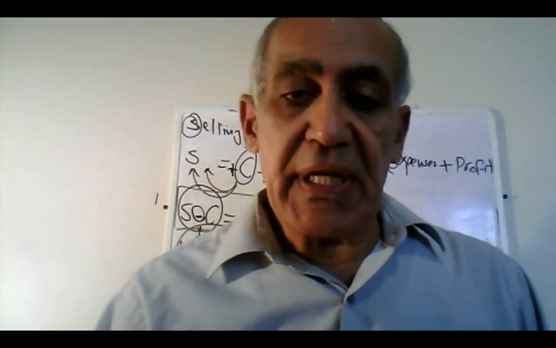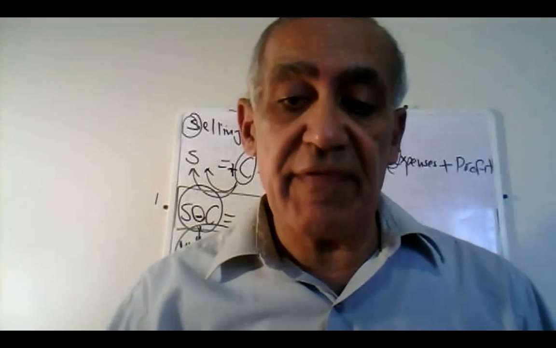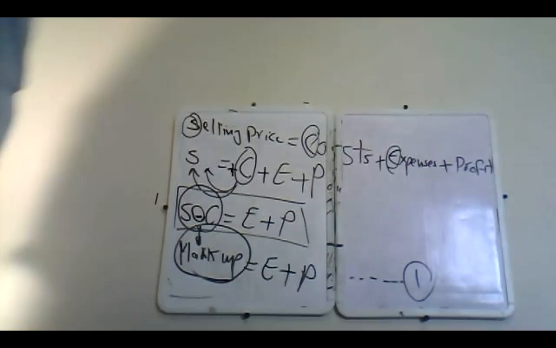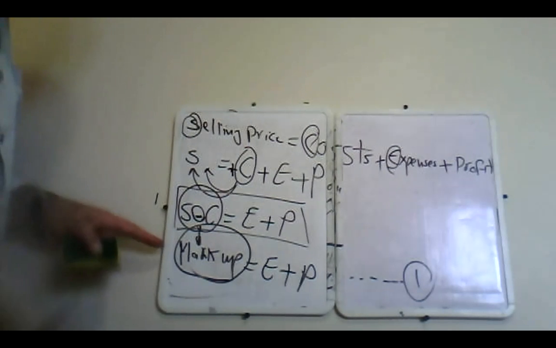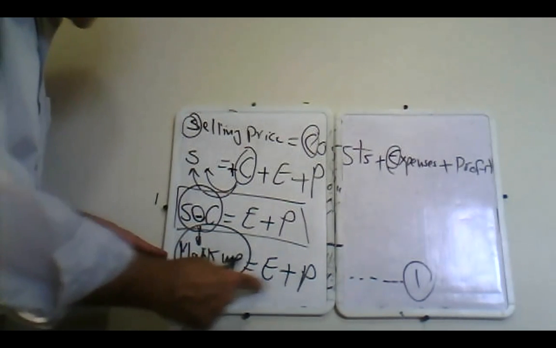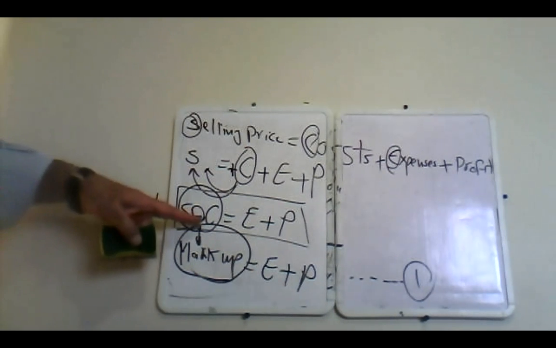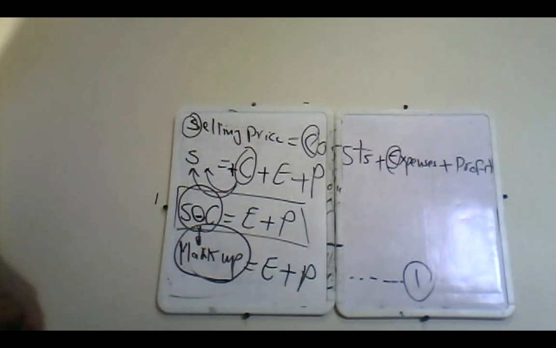Now, can I have another formula from the formula behind me here? Let's see as an example. You told me now that the markup equals expenses plus profits. So selling price minus costs equals expenses plus profits.